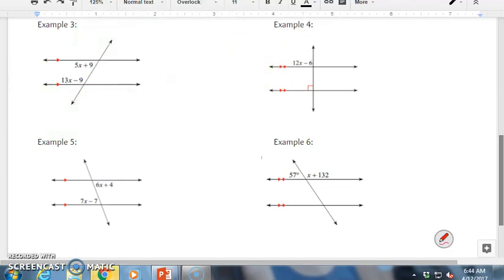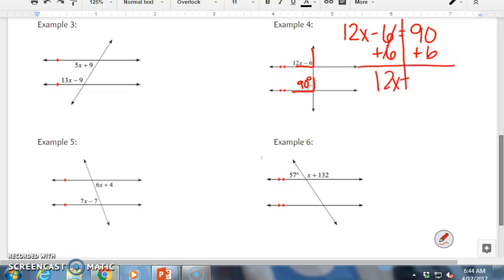All right, example 4. So these two are corresponding because they're sitting in the exact same location. Remember that that box represents 90 degrees. So we're going to take 12x minus 6 equals 90. Add 6.